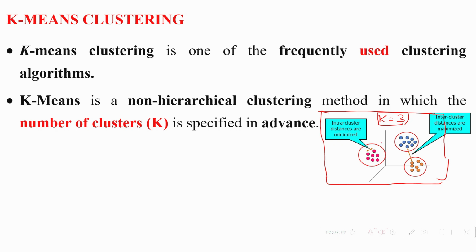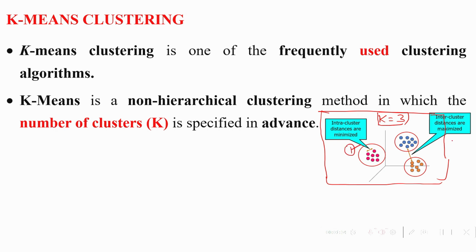Here you have to maintain two important principles. The first principle is that the intra-cluster distance is to be minimized. That means the distance between one element and another within the cluster must be minimized, so all elements in a cluster behave the same way.